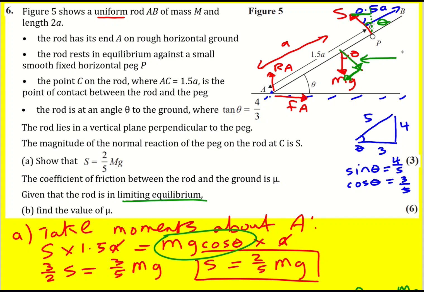If I call that, say, question mark, then I could write down that cos theta is equal to that adjacent, question mark, over mg, which is the hypotenuse. And we just rearrange that to get question mark as mg cos theta. Over time, you just learn that when you're going from the hypotenuse to one of the shorter sides, you use either cos or sine. Here, because it's the adjacent, that's why I'm going with cos. Whereas if I wanted that bit there, which I don't use at any point, that would be sine.